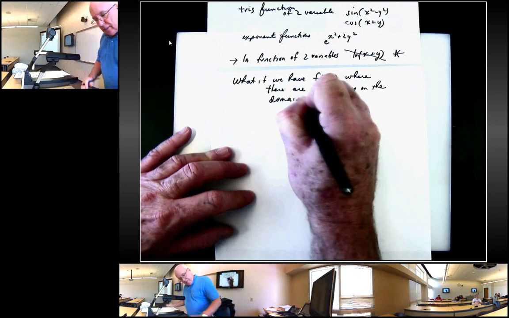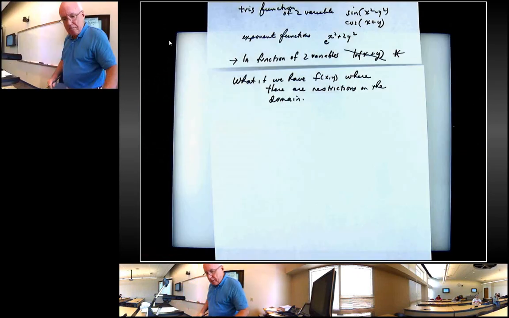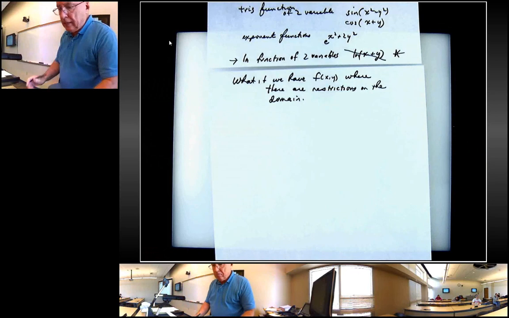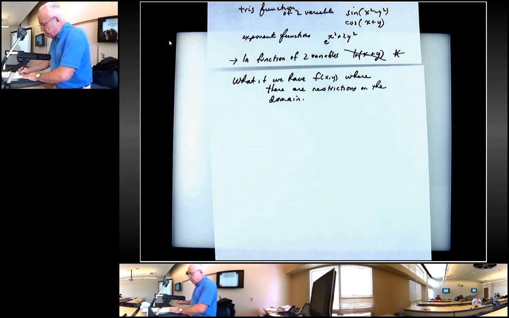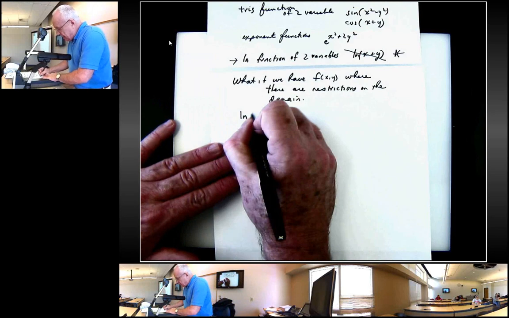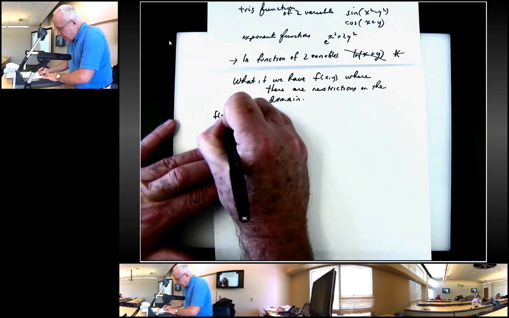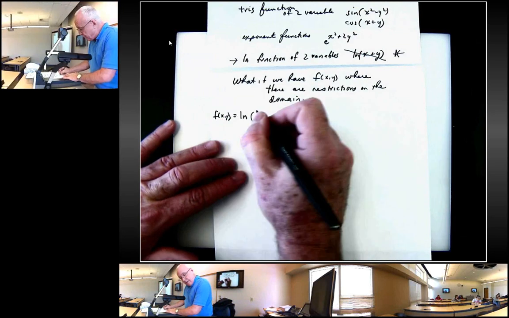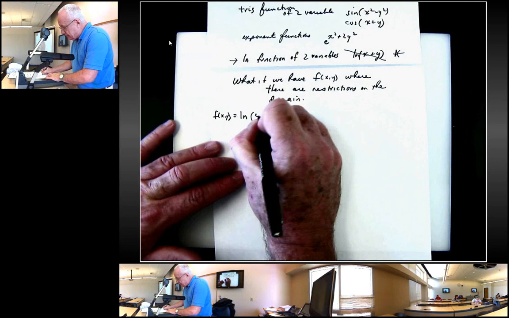In fact, since I just now talked about the ln function, let me do this one first. How about the ln of, let f(x,y) equal the ln of, say, 4 minus x minus y.